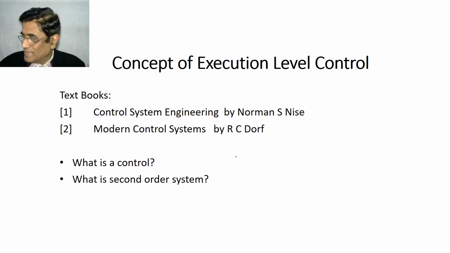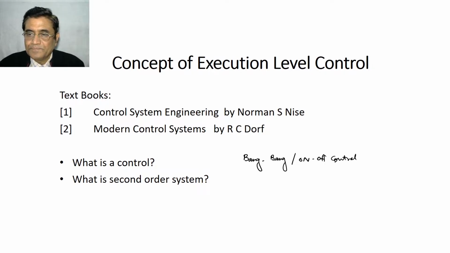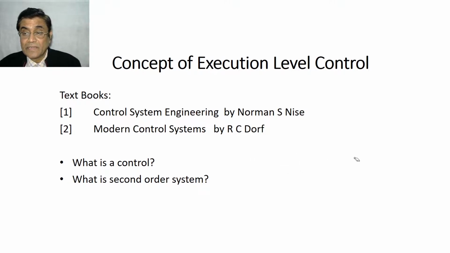Control may be of two types: bang-bang, or on-off control. Okay, and fairly regularly we use this, right? When we are feeling discomfort, we switch on our fan, and the fan starts moving with a desired, or set, RPM. That's why it is called bang-bang control, because once the switch is on, you cannot take any control action.